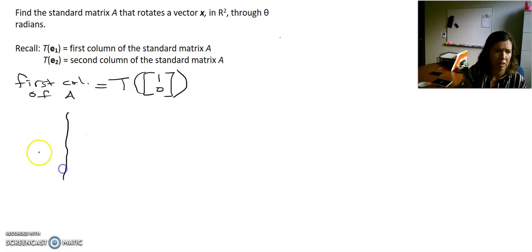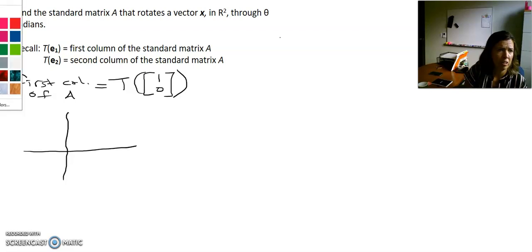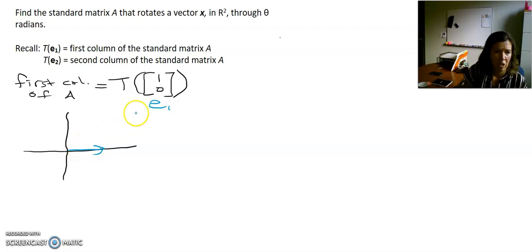Using blue for the vector 1, 0, E1 would be a vector. We could represent it as an arrow starting at the origin and ending at the point 1, 0. So that's going to be this point 1 unit out on the x-axis.